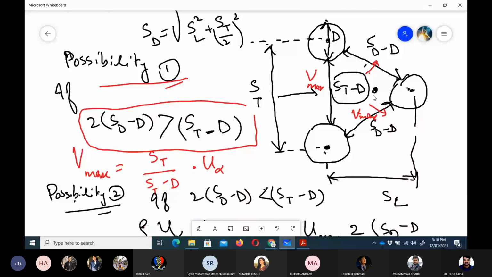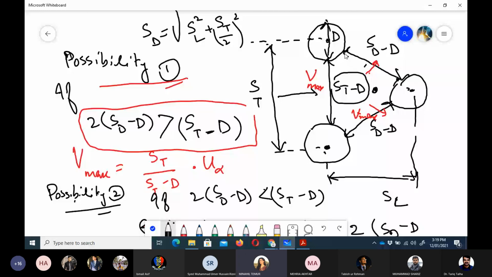Then there may be a scenario when this 2 times SD minus D would even be smaller than this ST minus D. In that case, because now 2 times SD minus D is smaller than ST minus D, from the conservation of mass principle, the maximum velocity would be at the location of this diagonal pitch. Minahil, is that clear? Yes, sir.